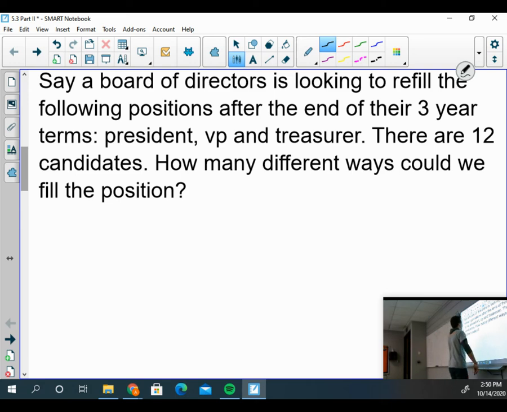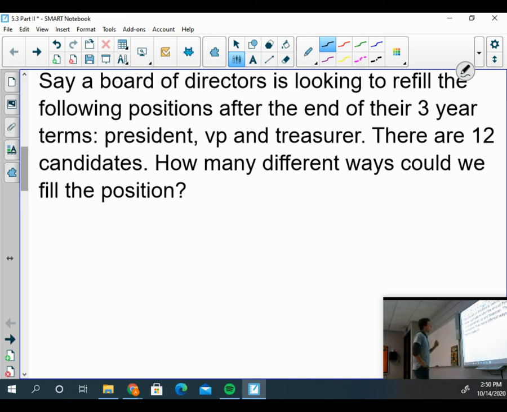Out of the 12 candidates, it matters whether the one we select is president, vice president, or treasurer. We want our best person to be the president, our second best to be the vice president, and our third best to be the treasurer. In other words, I'm not just choosing 3 people where it doesn't matter which role they get. No, order matters here. I do care about it.